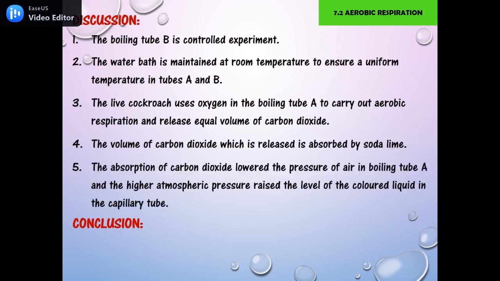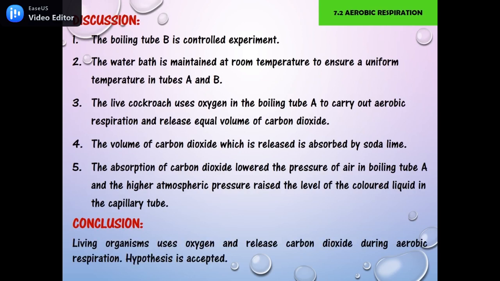The absorption of carbon dioxide lowered the pressure of air in boiling tube A, and the higher atmospheric pressure raised the level of colored liquid in the capillary tube. So, conclusion: living organisms use oxygen and release carbon dioxide during aerobic respiration. Hypothesis is accepted.